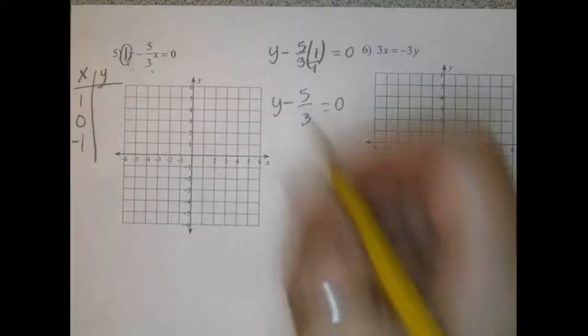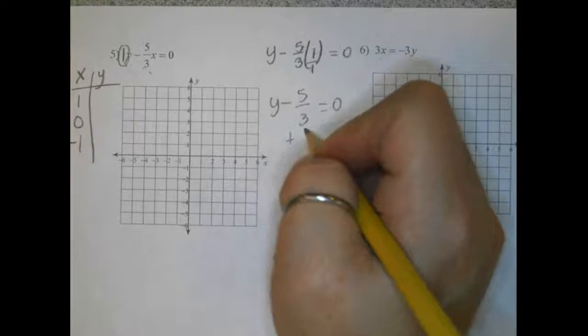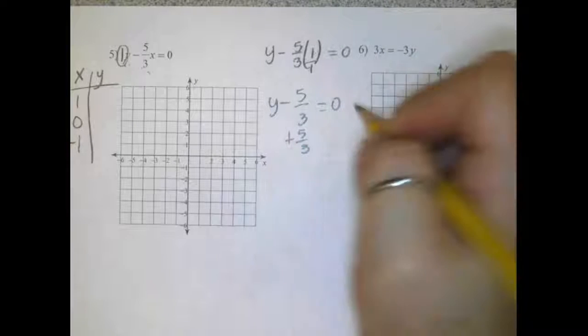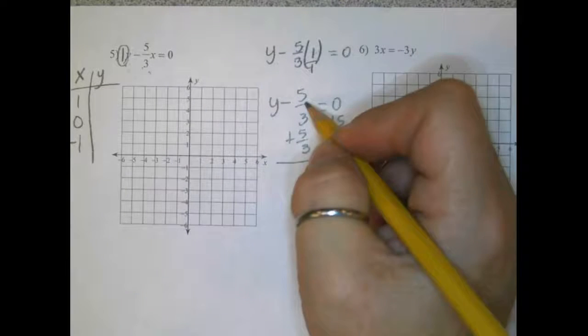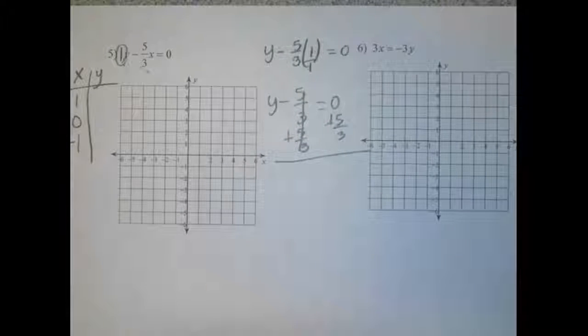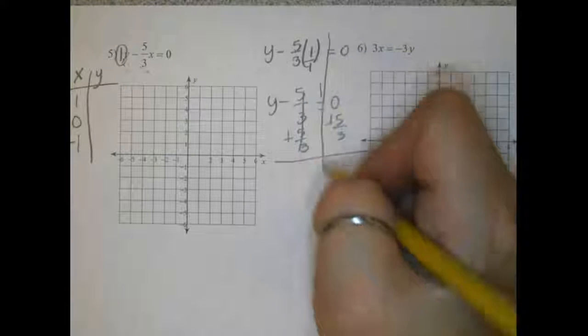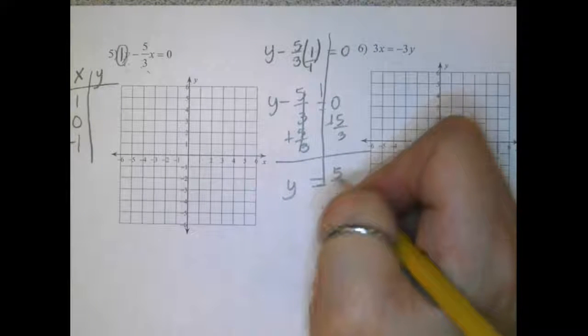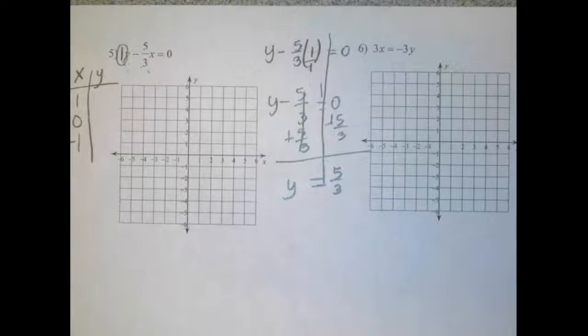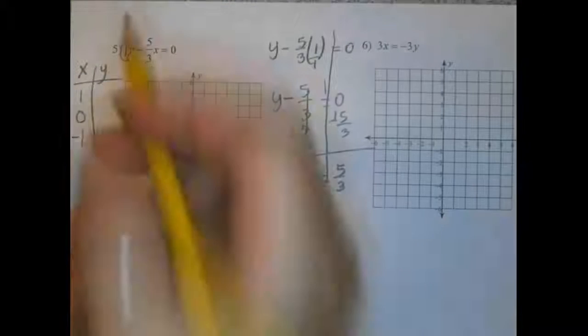So now I'm going to add 5/3 to both sides. Right now it's super easy. Plus 5/3. This becomes 0, right? So y is now equal to 5/3. That wasn't that hard, was it? So when x is 1, y is 5/3.